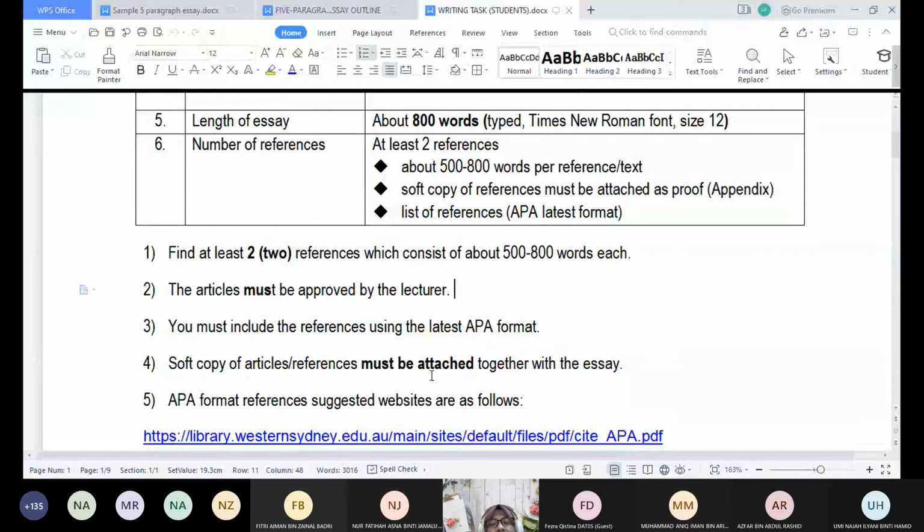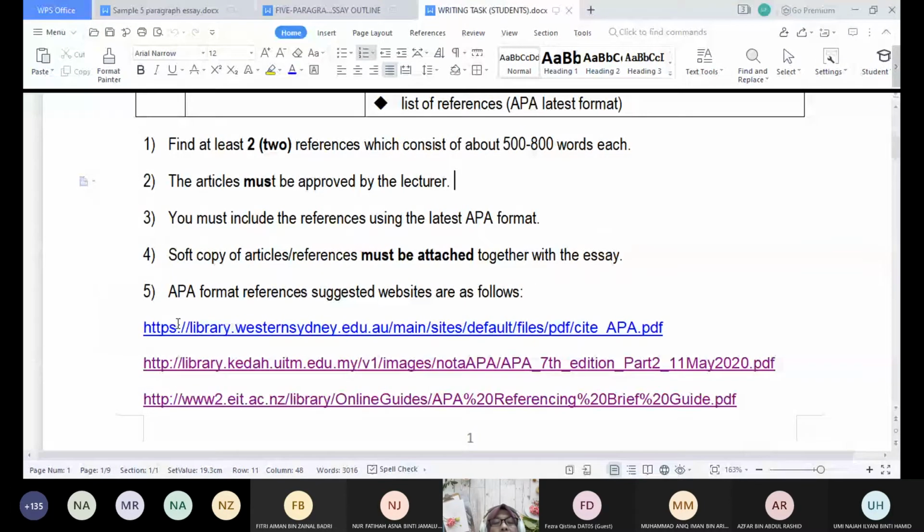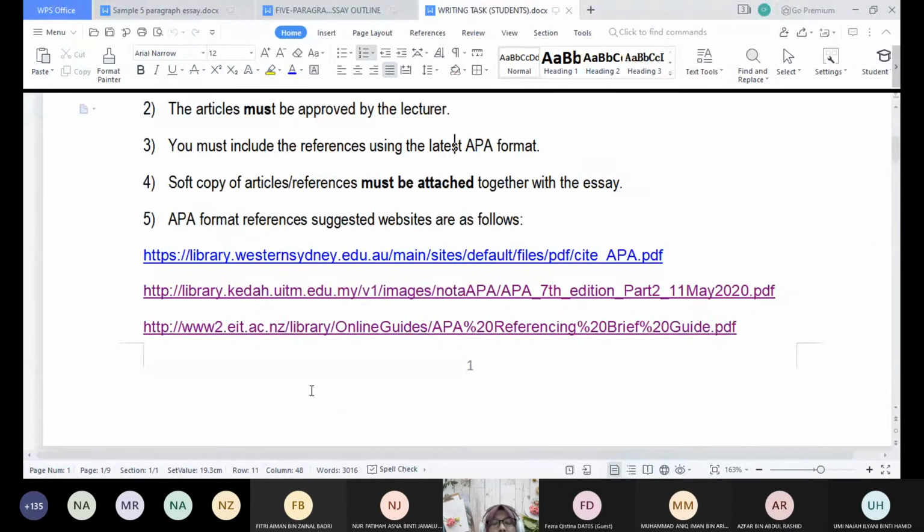Soft copy must be attached together because I need to refer to it. When you quote the idea in your essay, I have to check whether it tallies or not, and so on. And for the APA format references, you can go to these three websites to see how to write it.